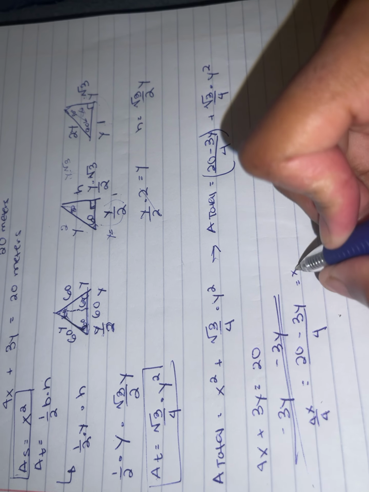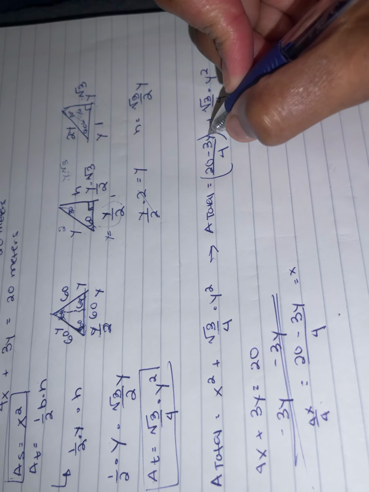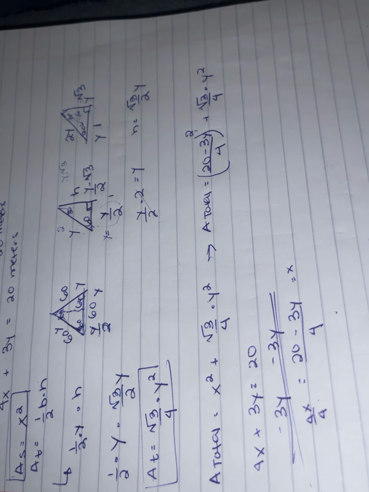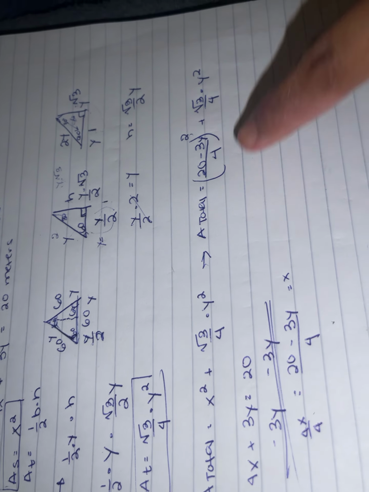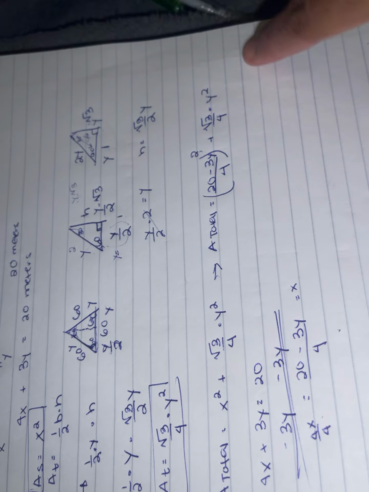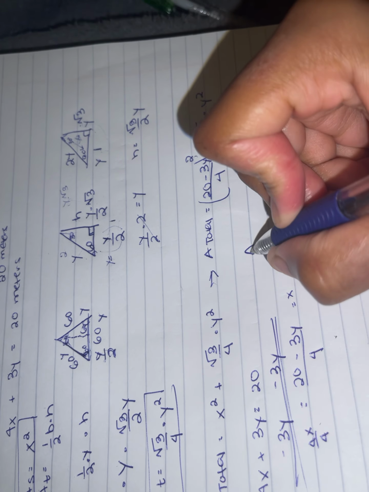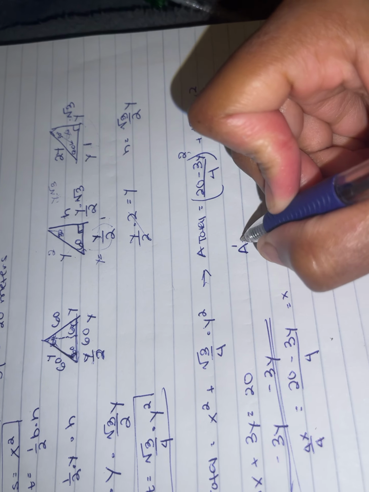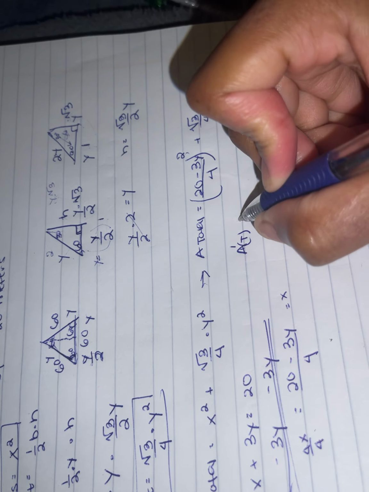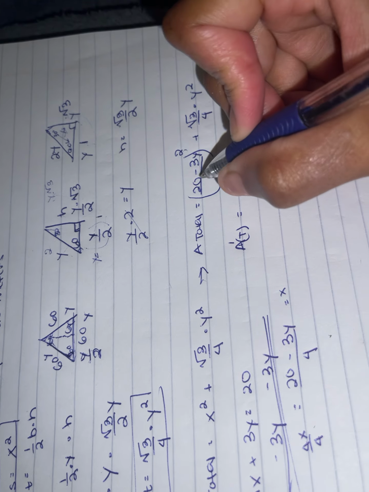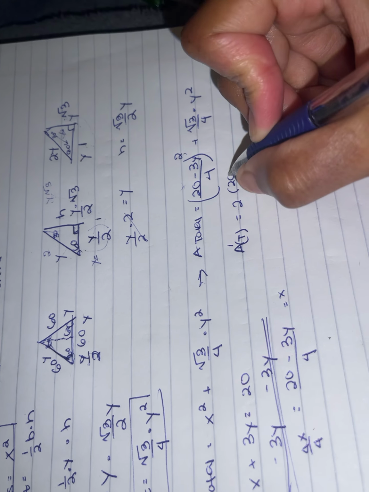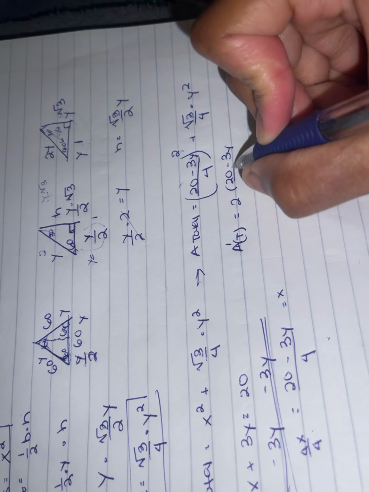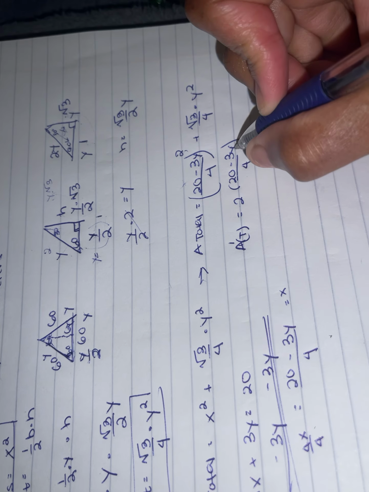So now we could take the derivative of the total. Let's call this x, so it'll be 2 times 20 minus 3y over 4.